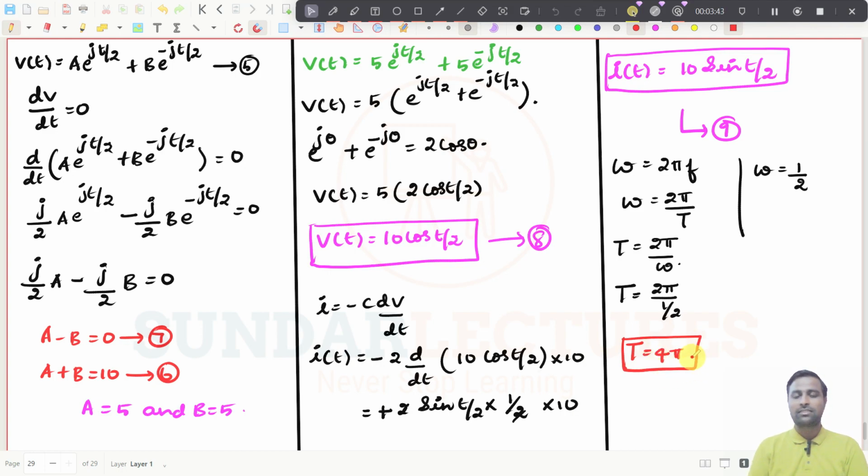With this basics, I am going to draw the graph now. It is very simple and very interesting to understand. I have already derived the expressions for V of t and I of t, but if I draw the graph, you will get good clarity on what happens in the LC circuit. See here, nothing will become zero. That is the thing you have to understand.